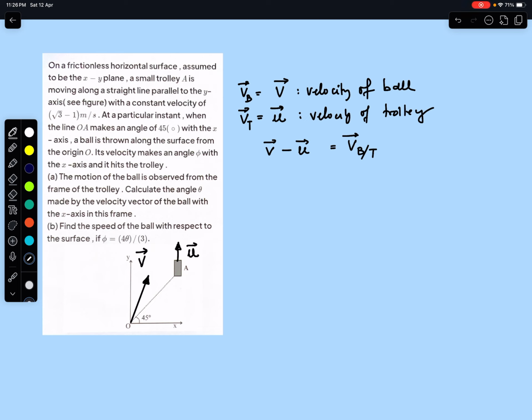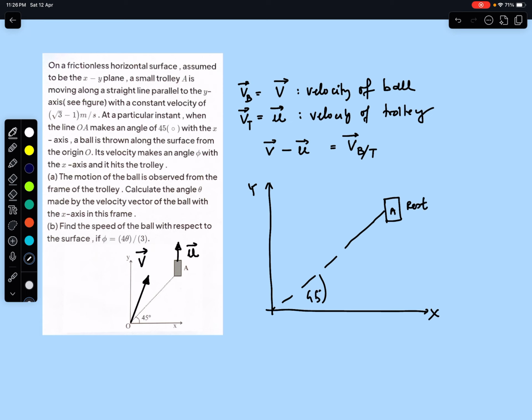Okay, so now in question number 1 it is given that the motion of the ball is observed from the frame of the trolley. So let's see what happens from the frame of the trolley. If you draw the x-axis, y-axis, and this was the initial angle 45 degree, and this is the trolley A, bring the trolley to rest.